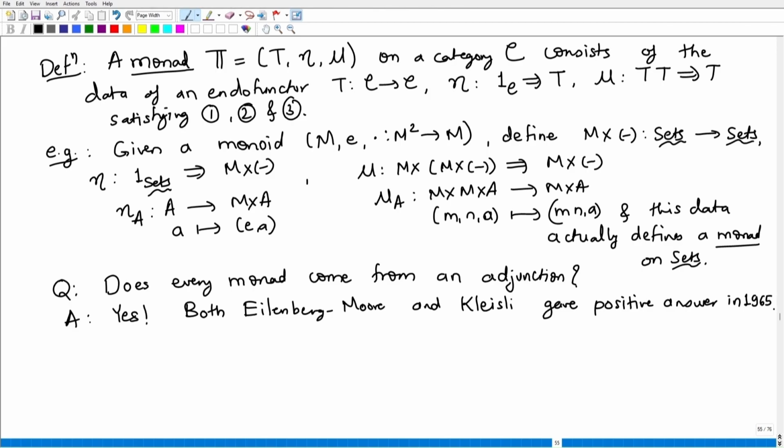But the interesting part was that their answers were not the same. They had different answers for this question.